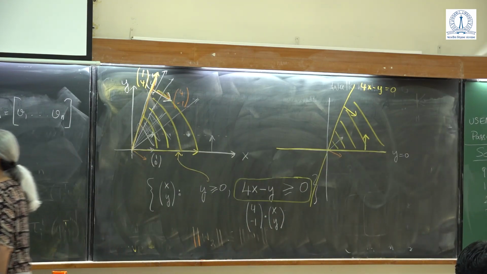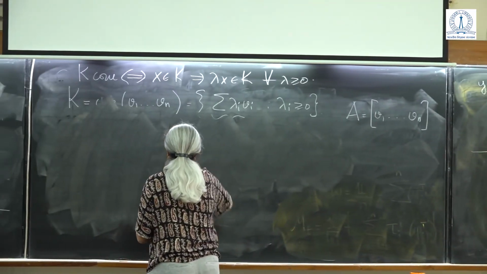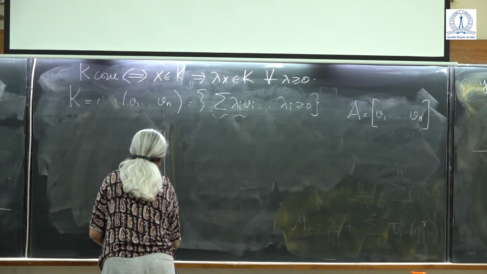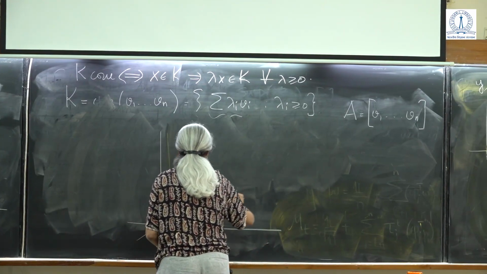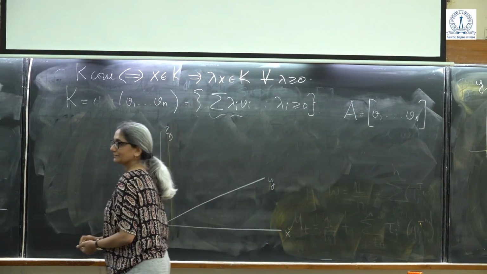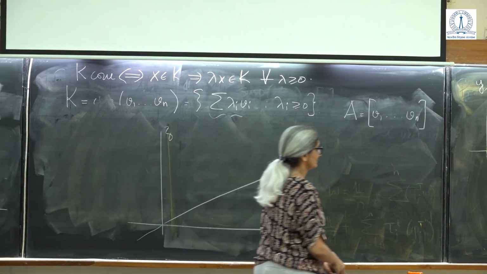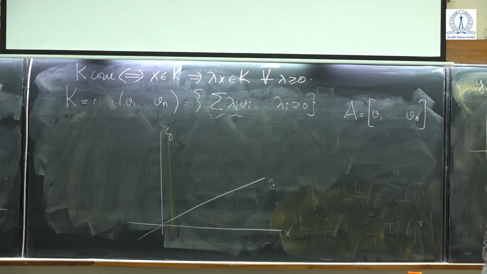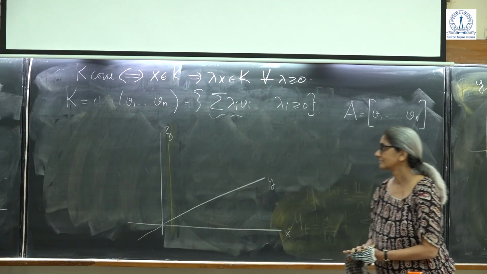So we have x, y, z. Just look at the first two coordinates and plot them in the plane. Ignore the last coordinate. Just think of 5 vectors with the first 2 coordinates.